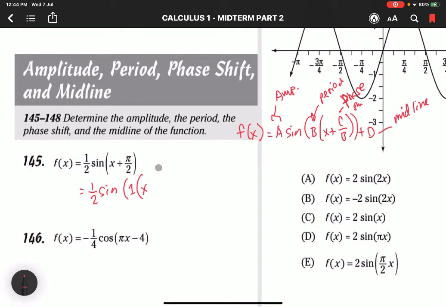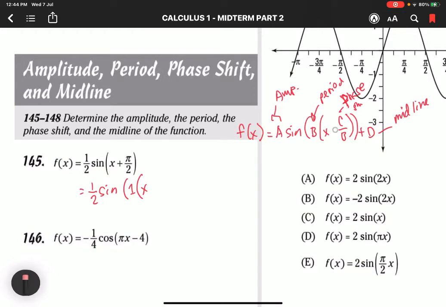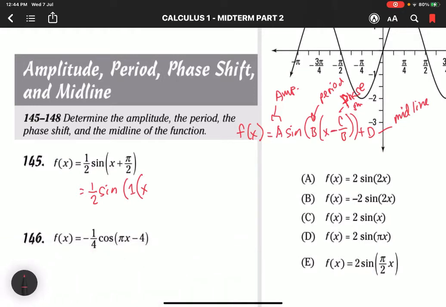Teka, may mali sa formula. Ito ay hindi positive, ito ay negative, minus. Yan ang formula. So, since yun ay negative, we will write here minus pi over 2.